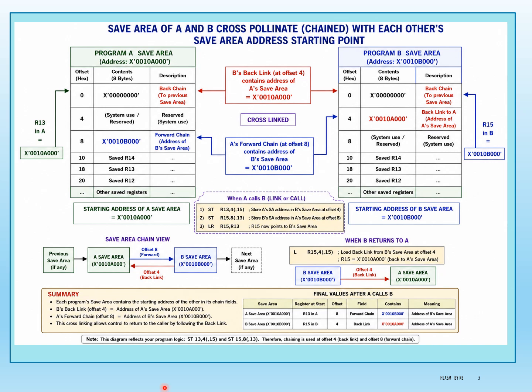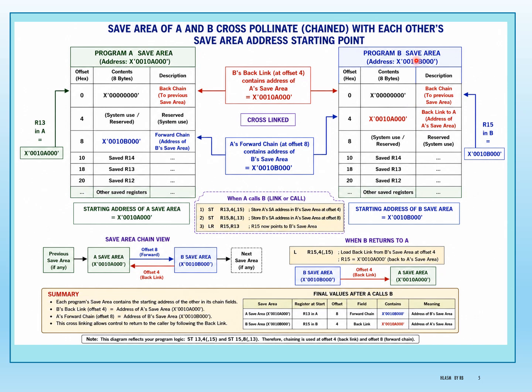Look at it. So program A save area is starting at A000, and right now register 13 is pointing to this save area. Program B save area is starting at B000, and register 15 is pointing to this save area. That's what we have seen when we said load address, right? And 15 comma save area, basically we pointed this.